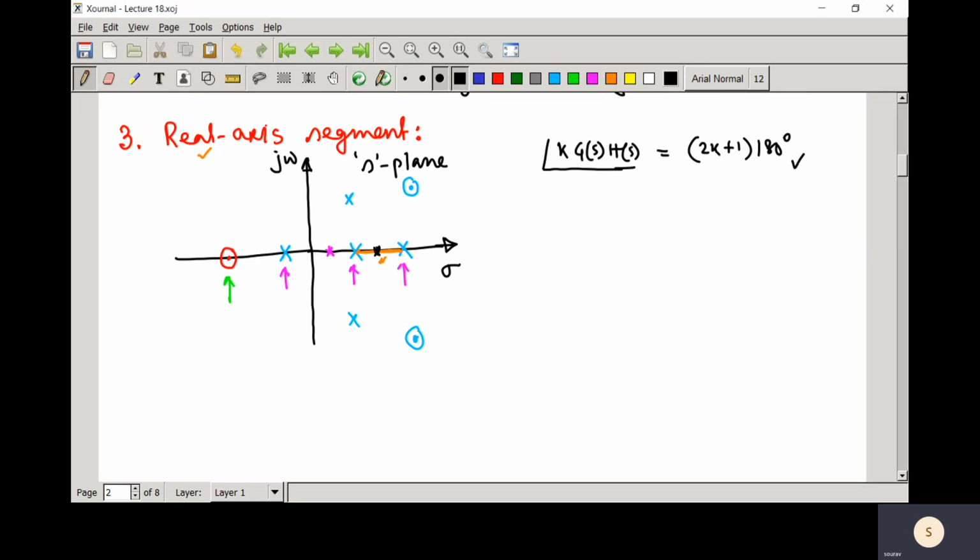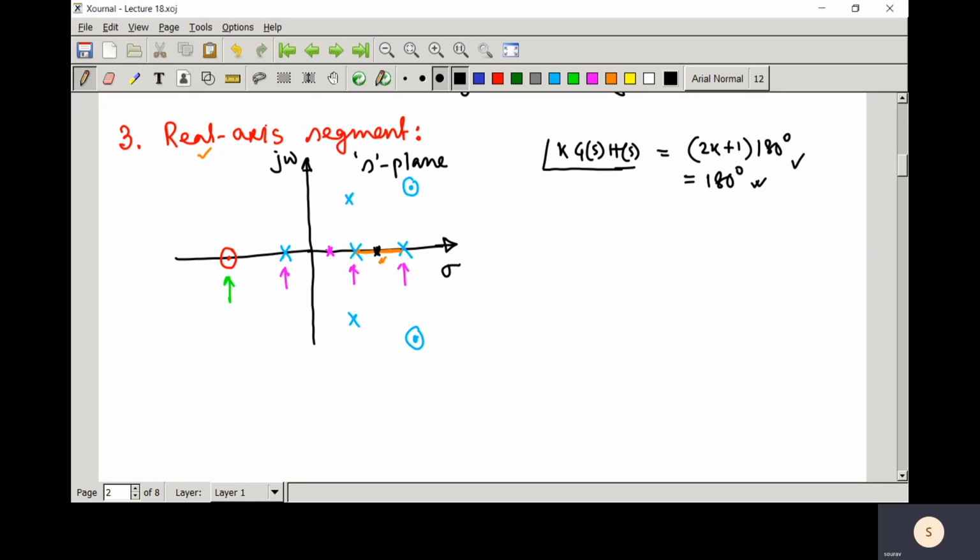So this condition needs to be satisfied. Here, if we take k equal to 0, that means 180 degrees. And also we have discussed that whenever the angle condition is satisfied, we can always find one gain for which k would be equal to 1 by the magnitude of G(s)H(s). That we have discussed in the last lecture.